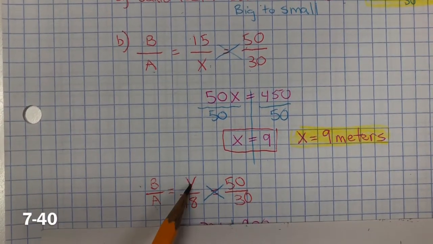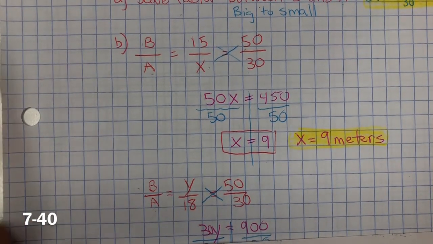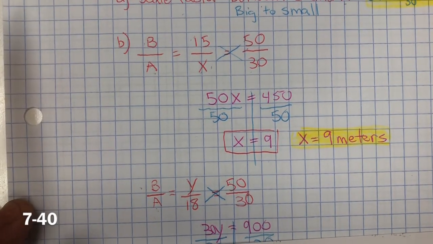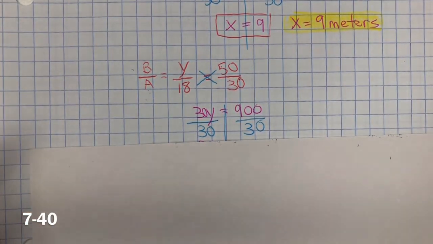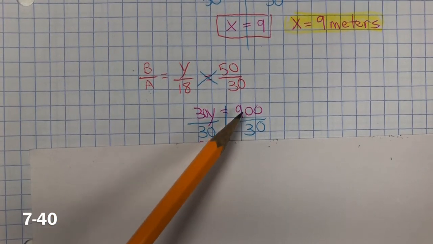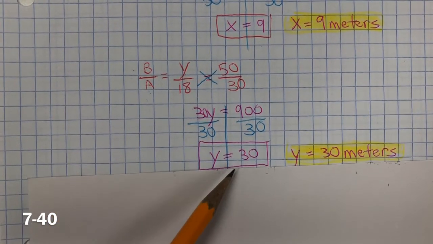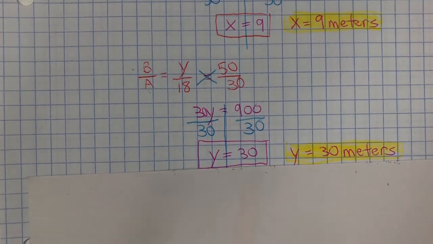And y multiplied by 30 is 30y. 18 multiplied by 50 is 900. Divide both sides by 30 and create the giant 1. 900 divided by 30 is 30. So y equals 30 meters.